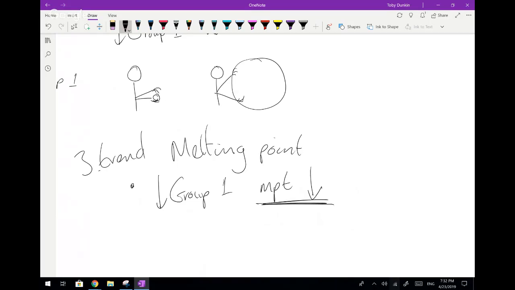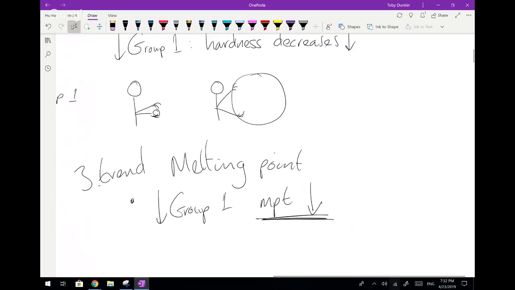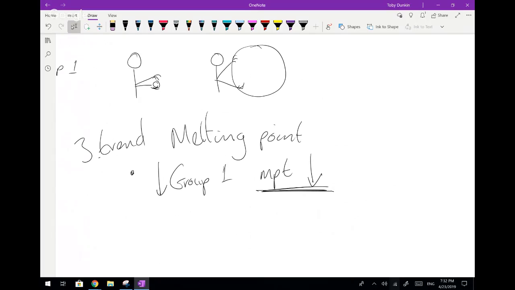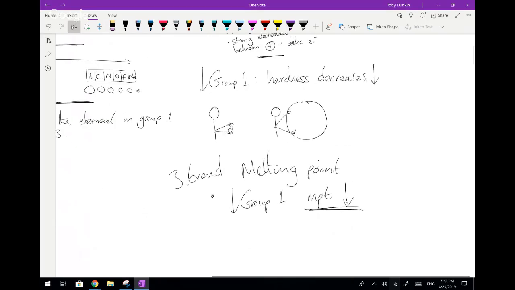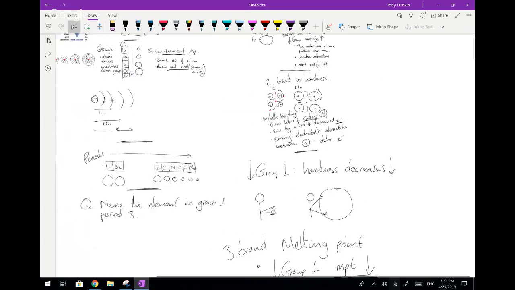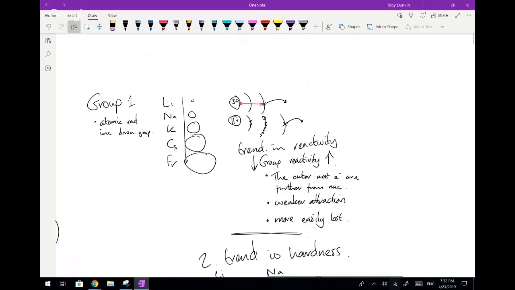The reason being is the hardness decreases because the forces holding them together decrease. So it's just nice to see these trends all appearing. We've covered 2 physical properties, both hardness, strength, and melting point. We've also covered reactivity in the trend and atomic radius. You've picked up 4 there.